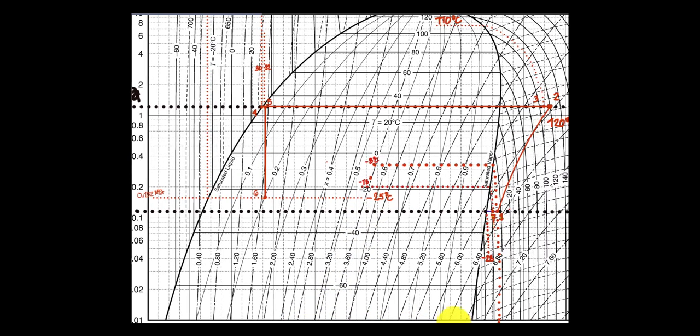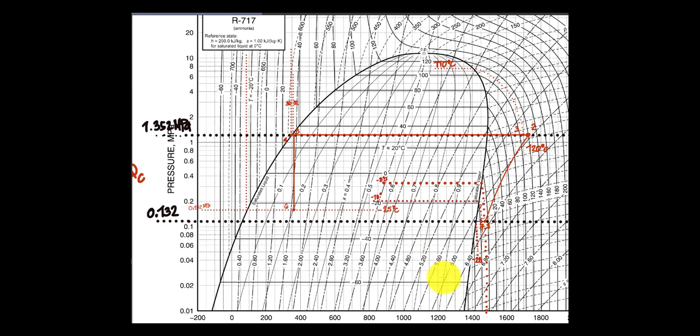So looking at the overview of our pH diagram, we're going to connect 6 to this point at negative 28, the boundary, the intersection of the saturation vapor.